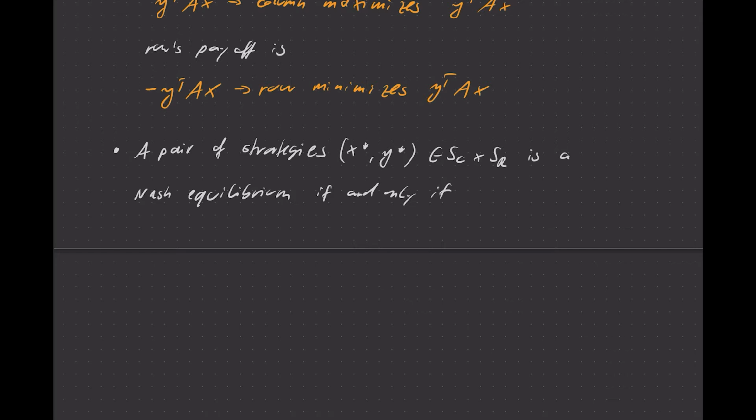First, we need the fact that there is no better strategy if the column player is given the chance to change his strategy unilaterally, and there is also no better strategy for the row player.